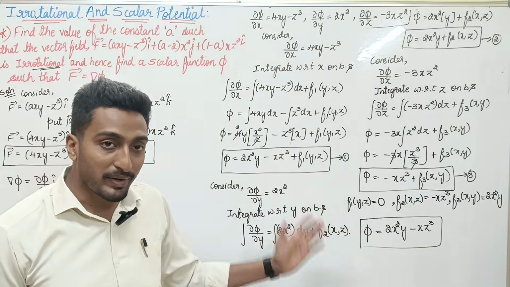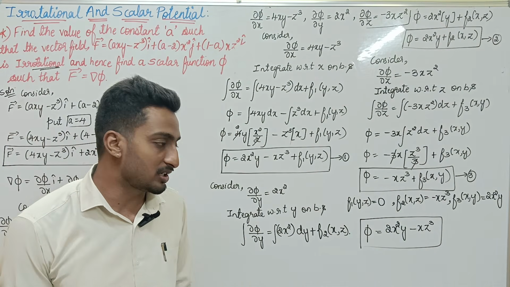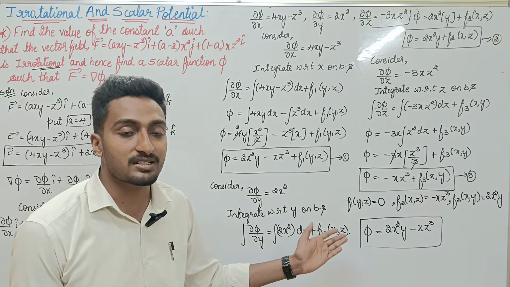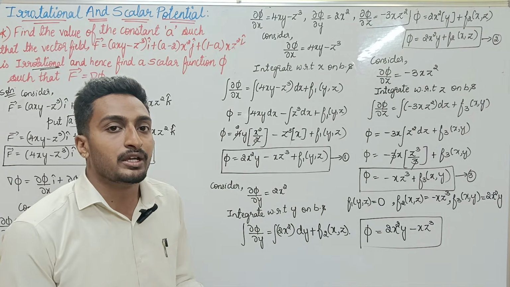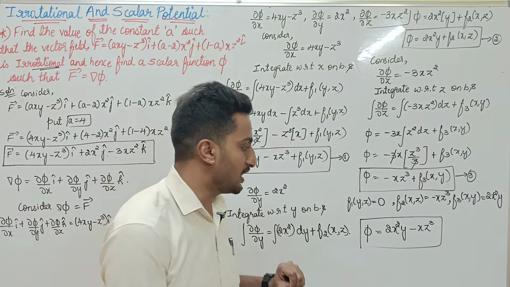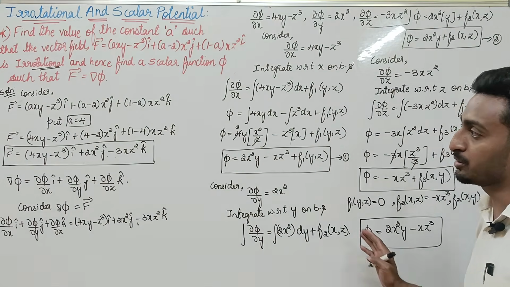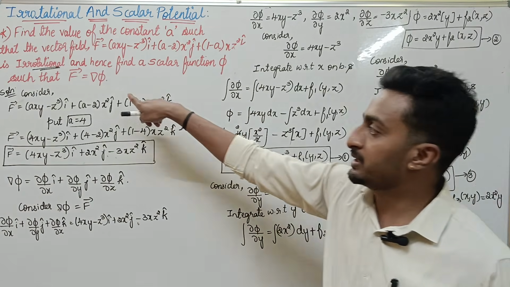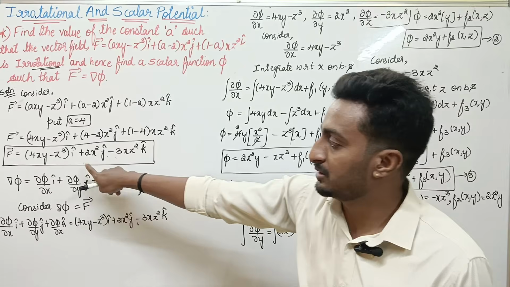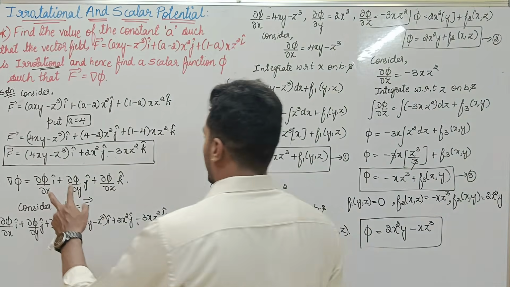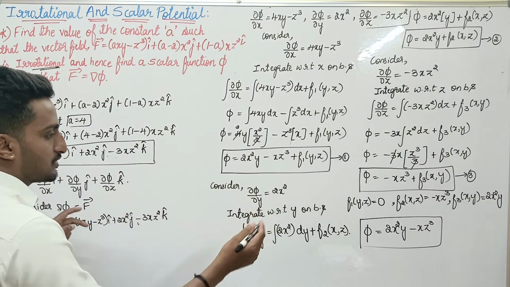To solve, first we represent the irrotational condition, and then we find the scalar function phi. If you want to verify whether the scalar function phi is correct or wrong, just differentiate with respect to x, y, z, and you will get the given function. Let us differentiate phi with respect to x.